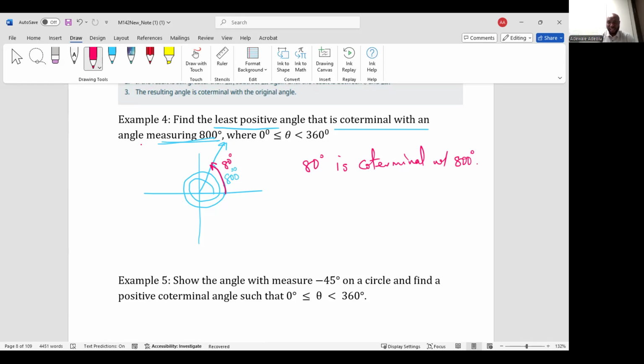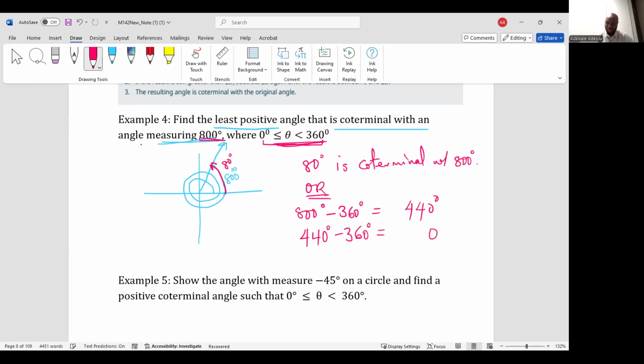Another way to do that is, if we have an angle that is 800 degrees and we want a coterminal angle that is inside a single rotation, 0 to 360 degrees, all you need to do is subtract 360 from 800 degrees. What do we have? 440. Now, this is still not in this range. It is still bigger than 360. So we go ahead again and subtract 360 degrees.